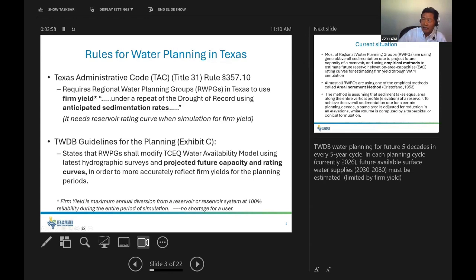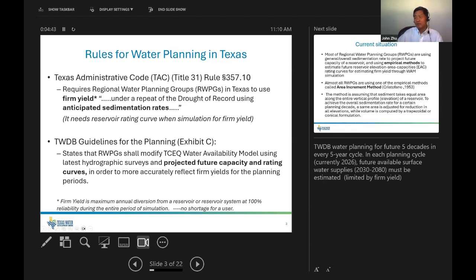So that is the law. The law says using sedimentation rate, then the Texas Water Development Board, TWDB, has a guideline for planning, and that is in Exhibit C. And this is stated clearly. It states that the regional water planning group shall modify the TCEQ water availability model using the latest hydrographic survey and projected future capacity and rating curve in order to more accurately reflect the firm yield for the planning period.